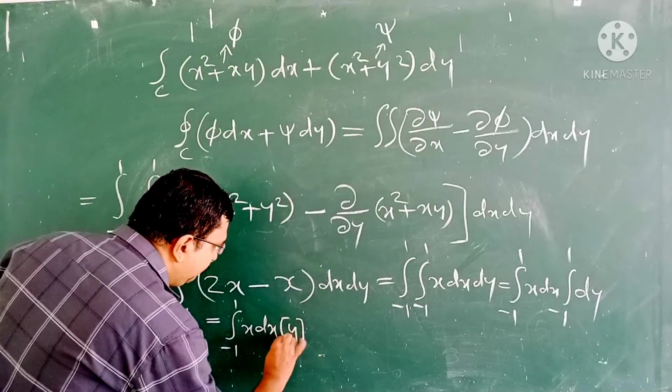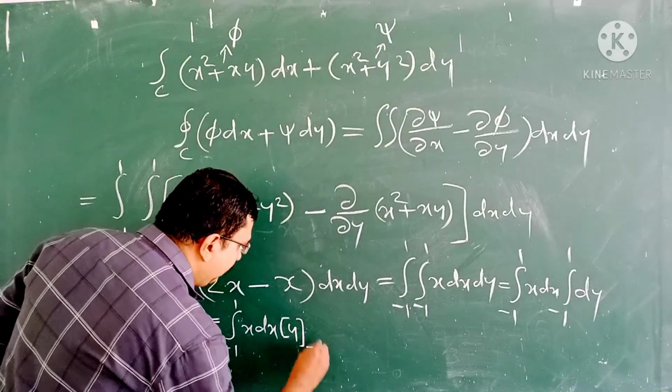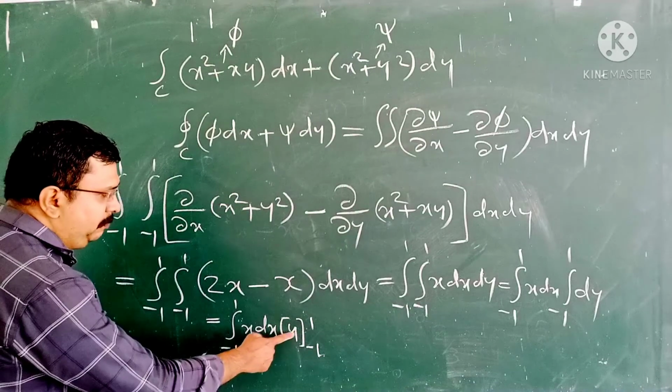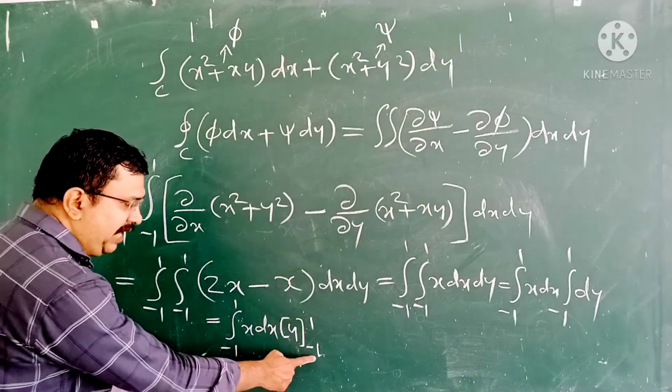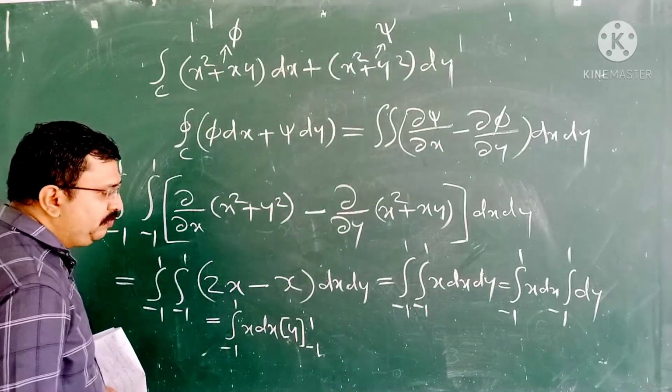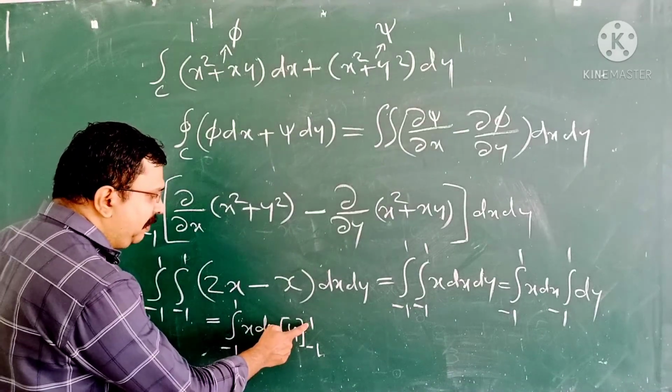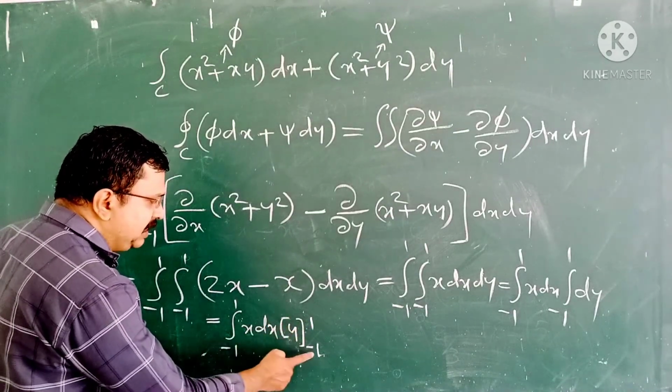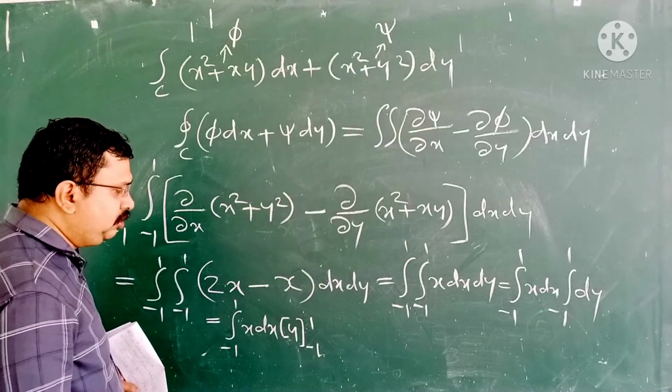We apply the lower value and the upper value. Therefore it becomes 1 minus minus 1, which is equal to 2.